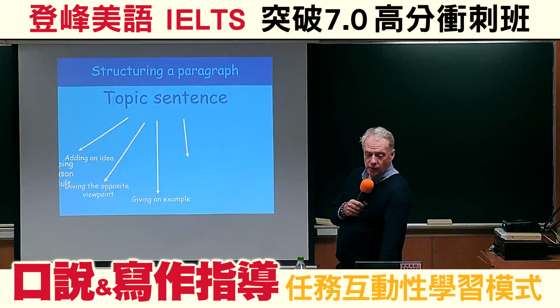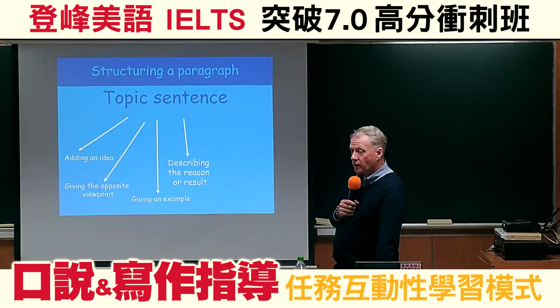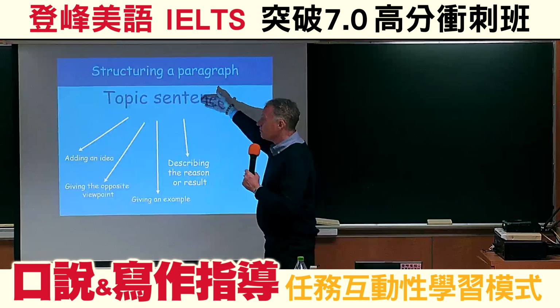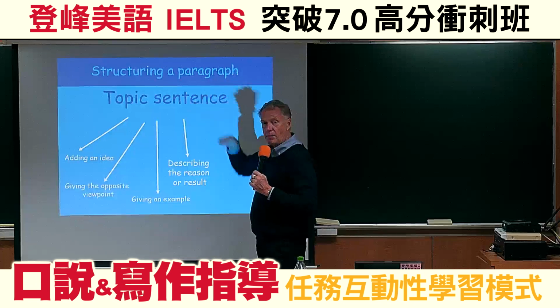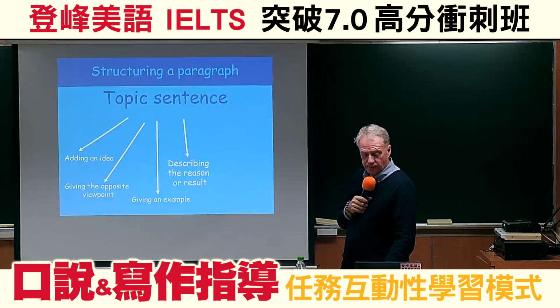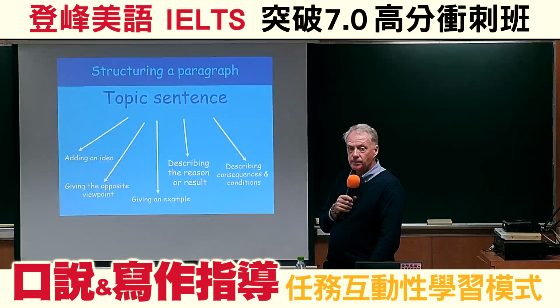Next, you can also describe the reason for the topic sentence. What's the reason for this? Or what is the result of this? You can describe the reason or the result. And finally, we can also describe the condition and the consequence.